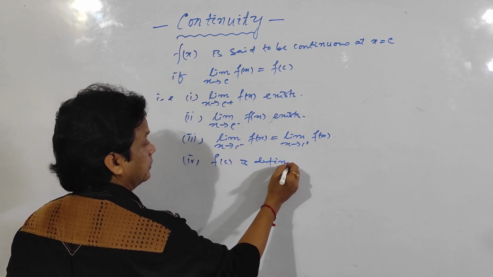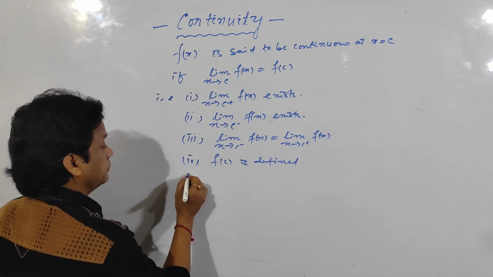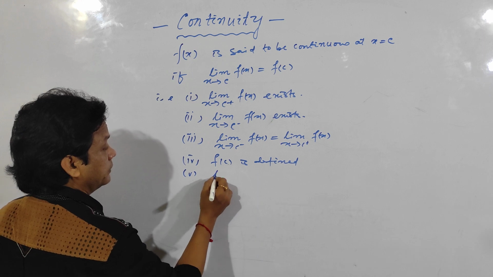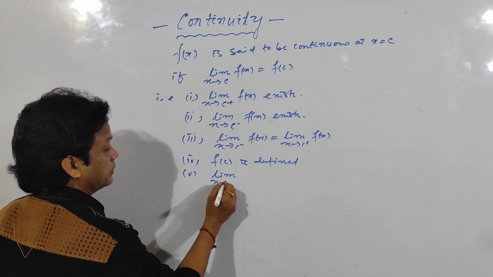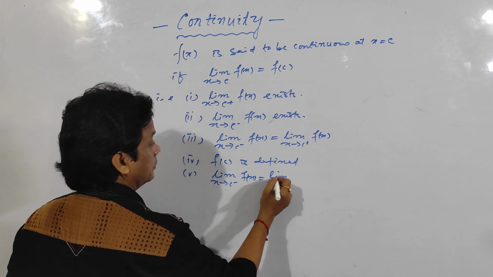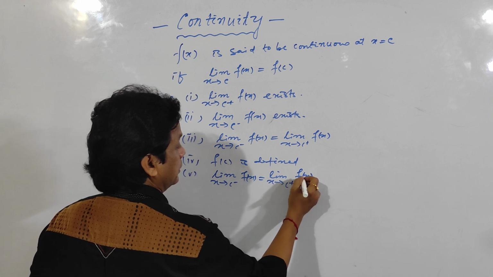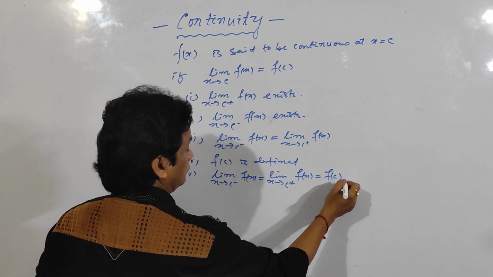is defined. Clear? And fifth, limit x tends to c minus f of x is equal to limit x tends to c plus f of x is equal to f of c.